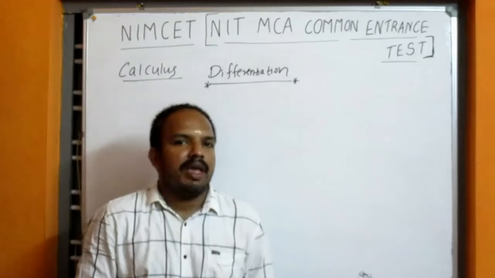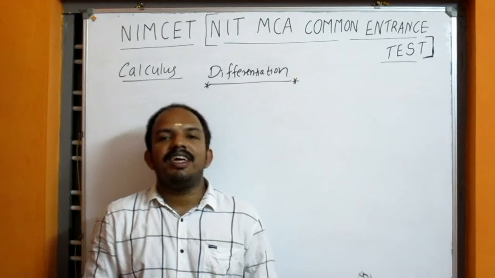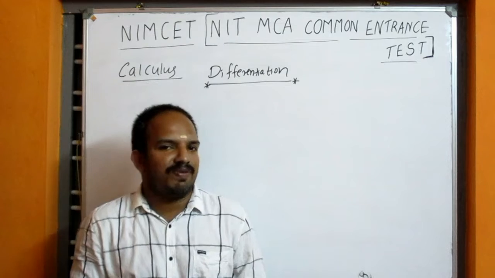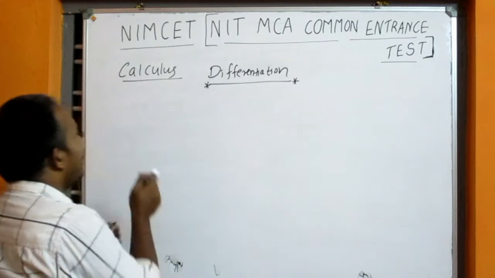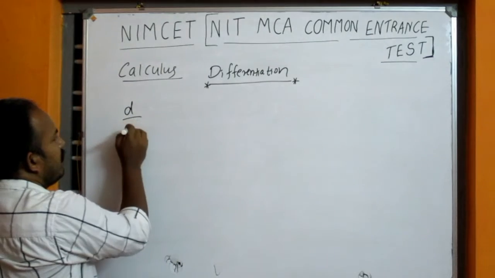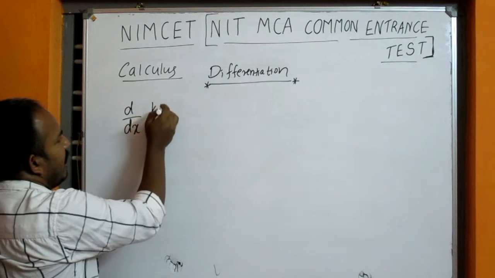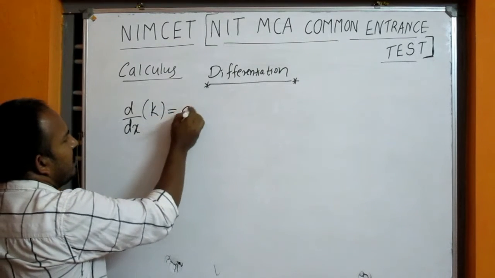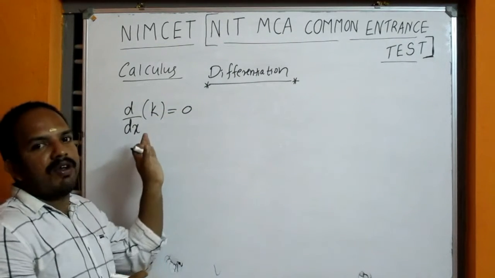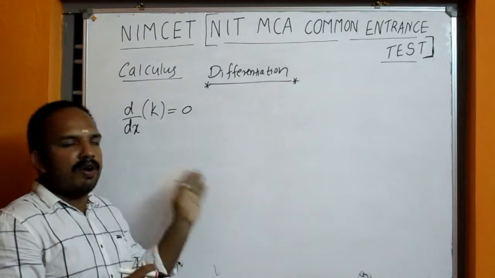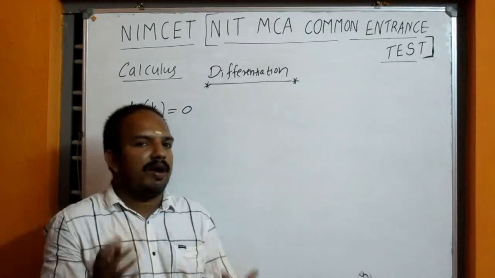So we are starting with the basic formulas of differentiation. The first one is d by dx of k, where k means a constant, equal to 0. That is, the differentiation of a constant is 0. A constant means a term without x.